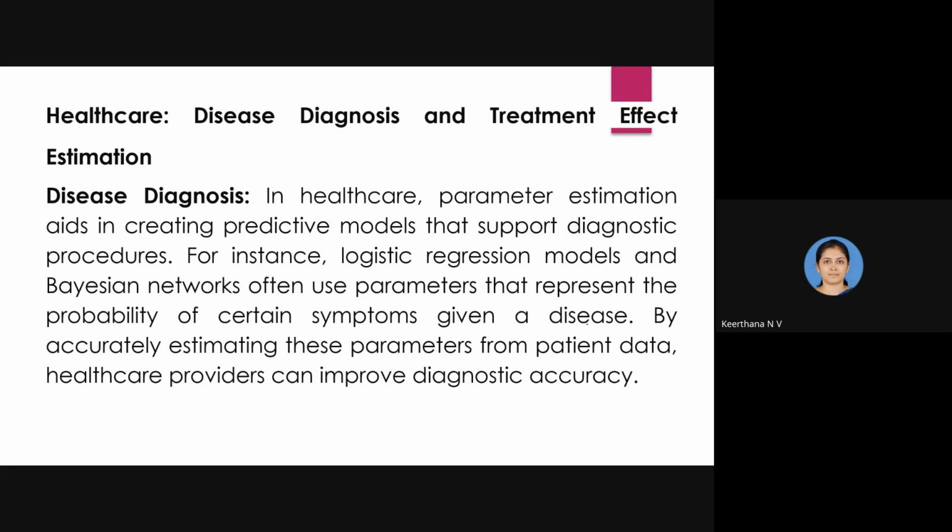By using parameter estimation, we can accurately estimate what parameters can be devised from the previous patients' data. By having the previous patients' histories, healthcare providers can improve our diagnostic accuracy.